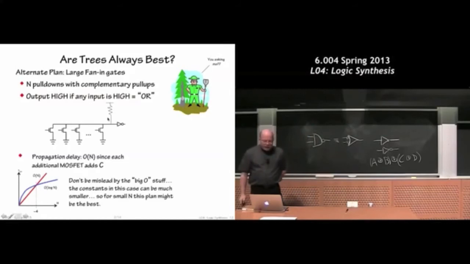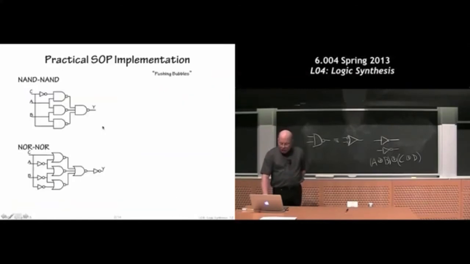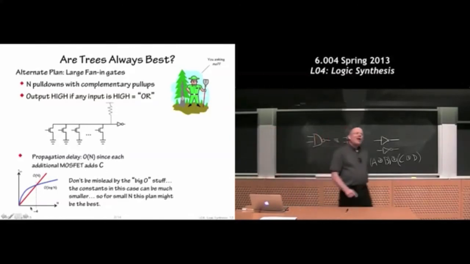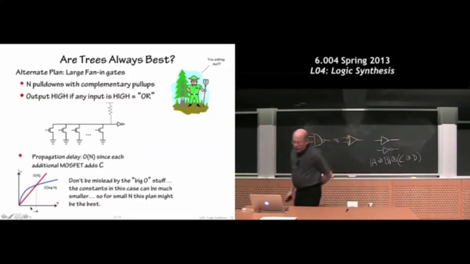The answer is that every time I add a new input, I'm adding some capacitance, so the gate does start to slow down. This crossover tends to be right around 4 inputs. So if you have 4 inputs or less, you just build a big gate to do it. If you have more than 4 inputs, then you start thinking about how to use trees or chains of smaller fan-in gates.